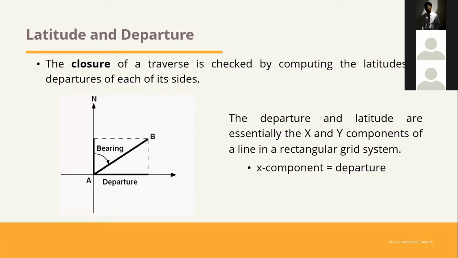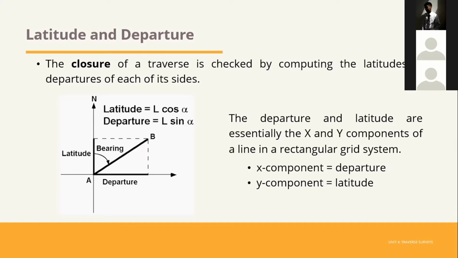And since our latitude is north to south or south to north, our latitude is the y component. For latitude, our formula will be L cosine alpha, and for departure, L sine alpha, where alpha is the bearing angle and L stands for the length of the line AB.